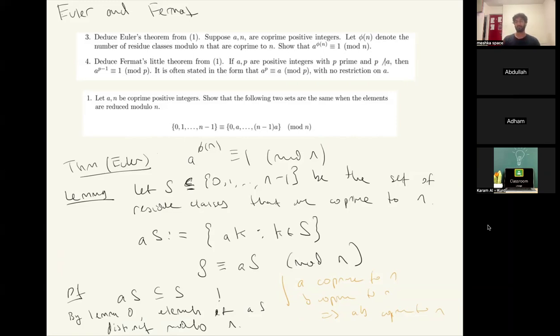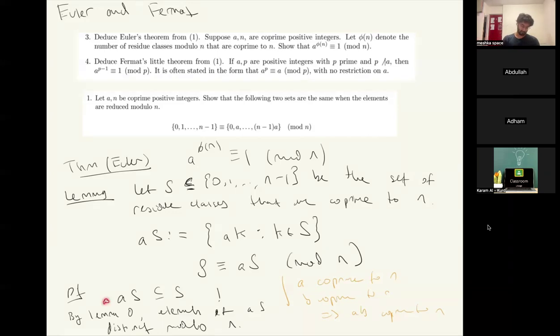Okay. And then it follows, right? Because we showed AS is contained in S. The elements of AS are all distinct modulo n, and they have the same size, so they must be equal. We can prove that by the pigeonhole principle. I think you can just say it.